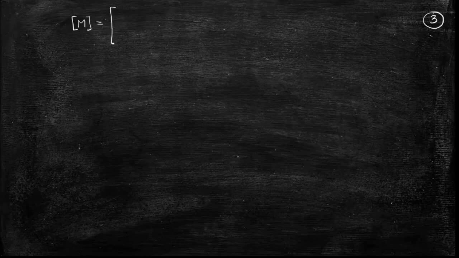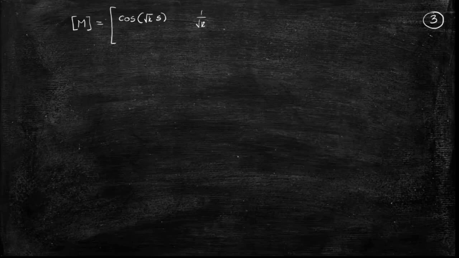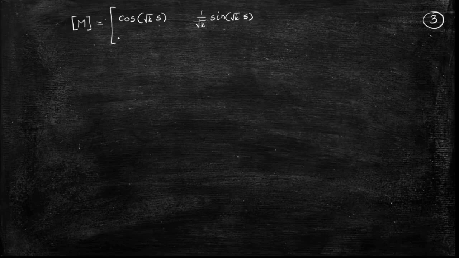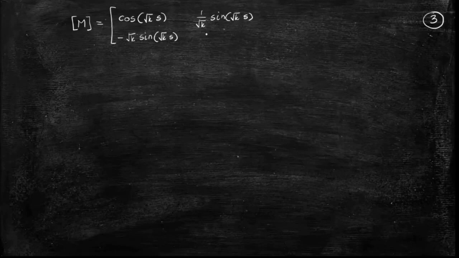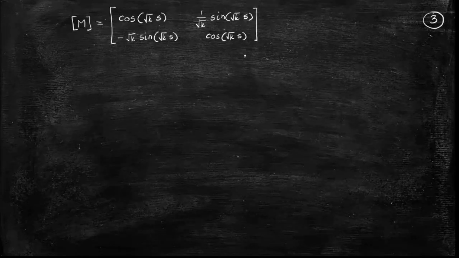It is of the form cosine of root k times S, one by root k times sine of root k times S, minus root k times sine of root k times S, and the fourth entry is again cosine of root k times S.